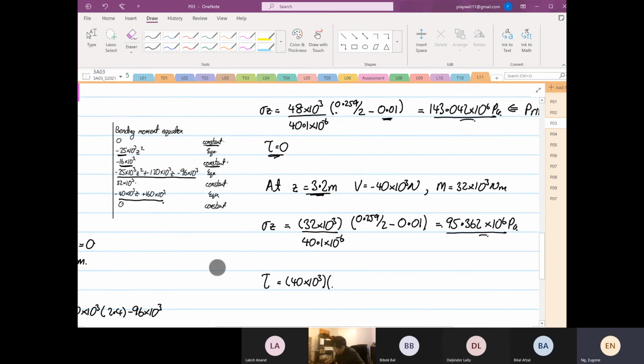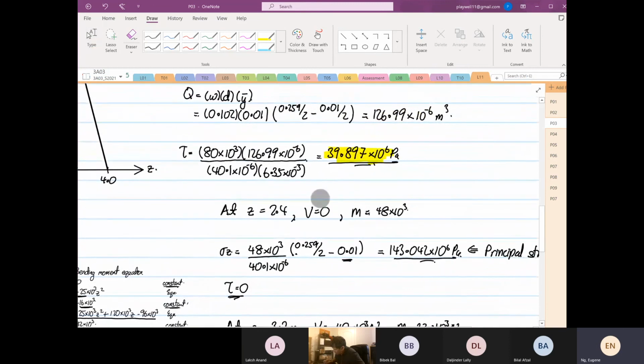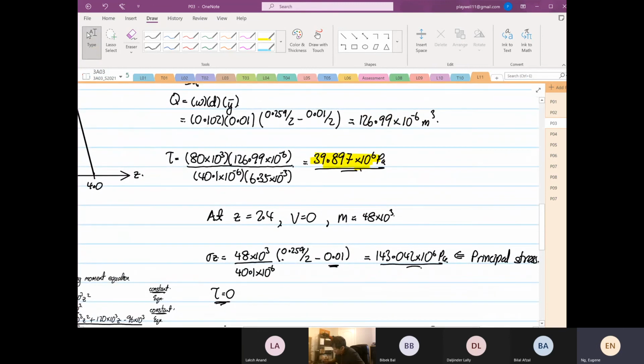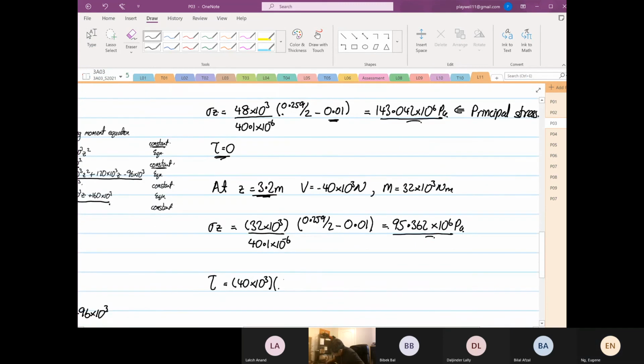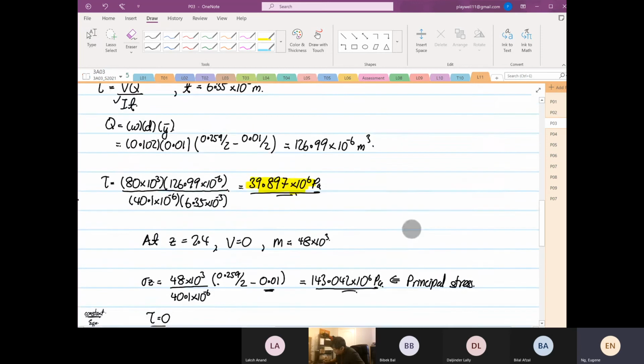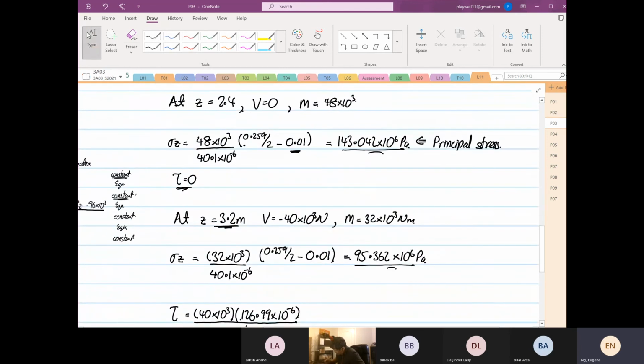The first moment of area did not change, so the first moment of area is 126.99 times 10 to the power minus 6, and then divide by I. And then the thickness, what was the thickness? 6.35.